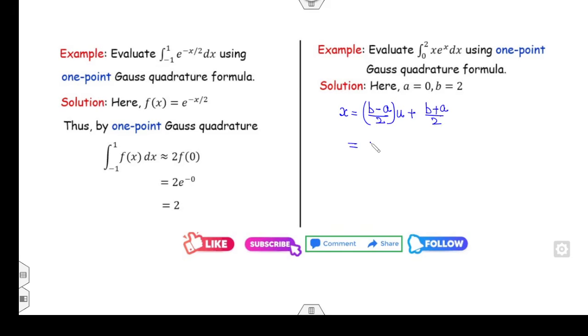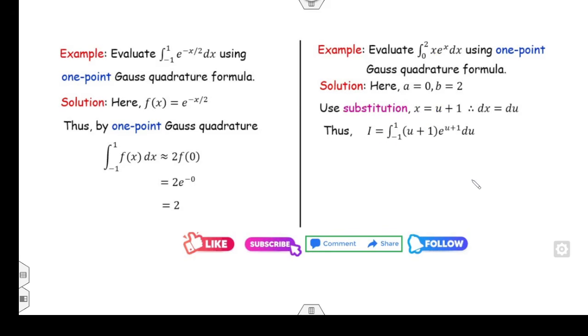So (b minus a) by 2 is 1, and (b plus a) by 2 is 1. Fine. So therefore dx will be du. So I can write I is from -1 to +1, and x is u plus 1, so (u plus 1) e raised to power (u plus 1). dx will be du. Fine.